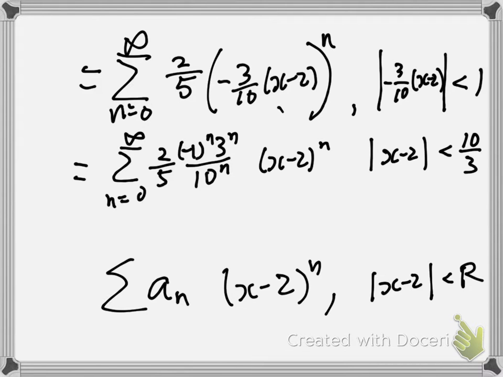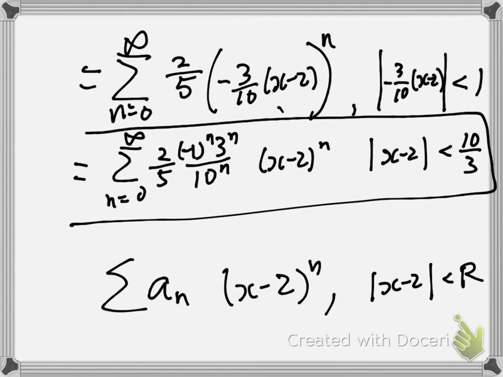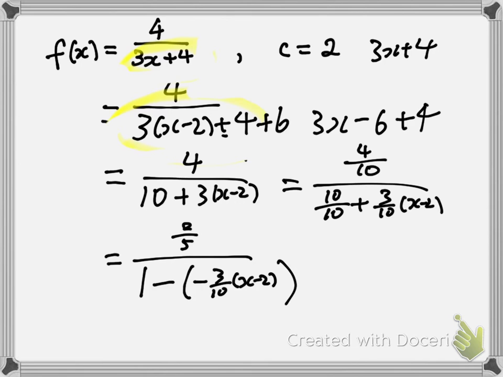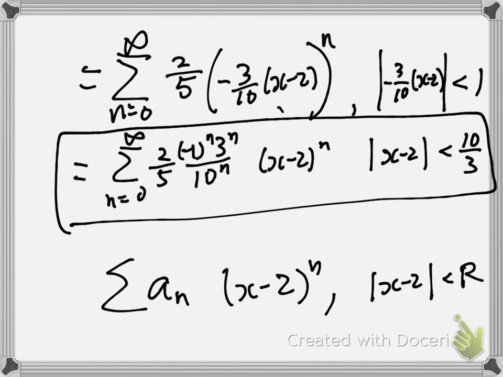And that is the answer to our question. 4 over 3x plus 4 in power series form is this power series with this radius of convergence, 10 over 3.